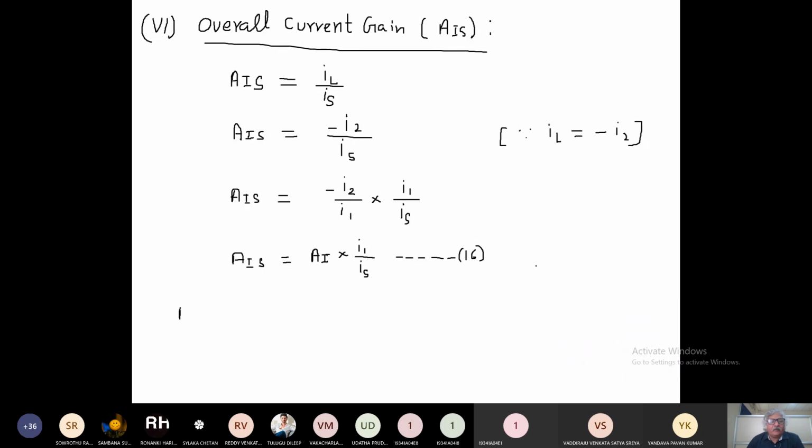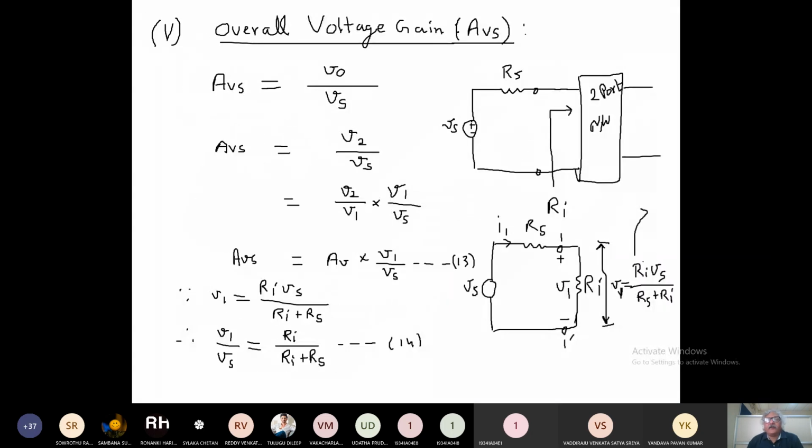Now, the modified input section. Already, if you see this figure, here the two-port network, which is a transistor, has an internal resistance of Ri.